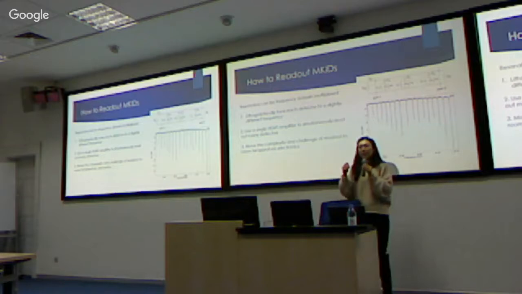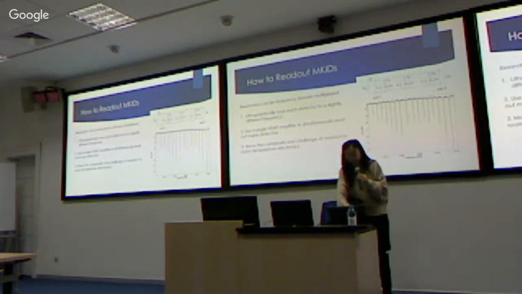When the photon hits, the surface impedance changes. So that's how we can read. And then a comb of sine waves is generated and sent through the system.